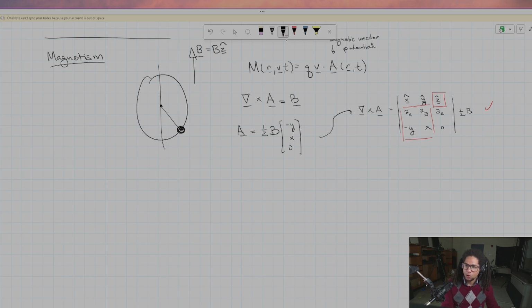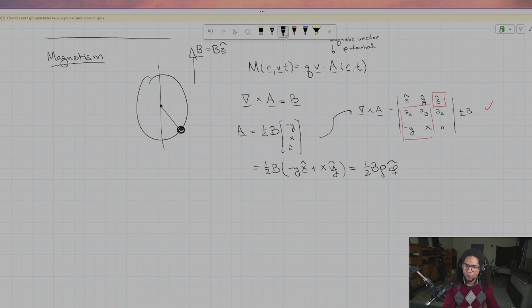Now, this is also expressible as 1/2 B times minus y x hat plus x y hat. And I could go and show that in cylindrical coordinates, this thing is exactly 1/2 B rho phi hat, which is pretty neat.